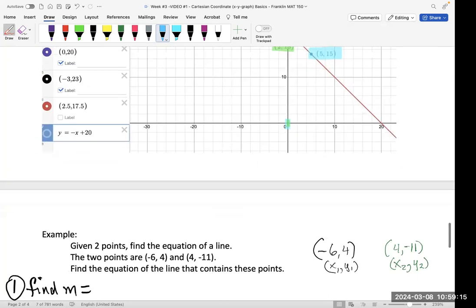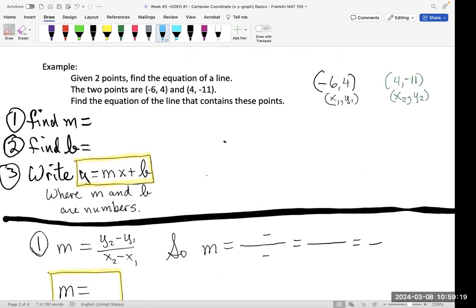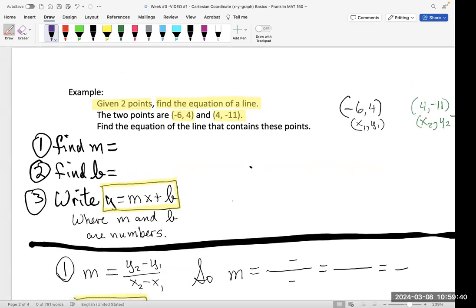What we're going to do is give you 2 points and ask you to tell us the equation of the line. So we're given 2 points, -6, 4, and 4, -11. Personally, I'm a very visual processor and visual learner, so I would like to sketch that.